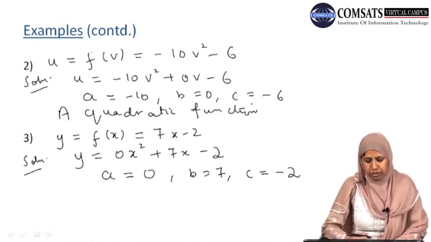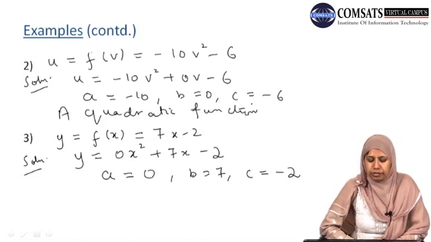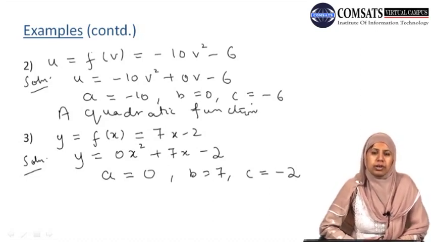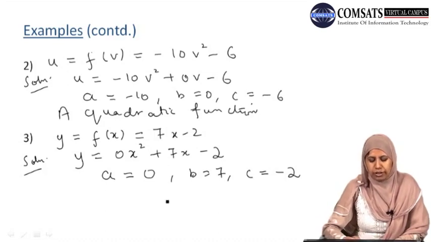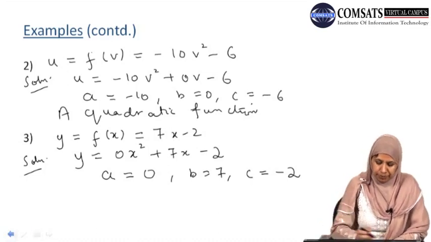So what do we get? The answer: is the given function quadratic or not? Well, if you say that the given function is quadratic, then you are wrong. The given function is not a quadratic function because the coefficient of x square, which is a, is equal to 0 here, and the coefficient of x square cannot take the value 0 according to the definition.